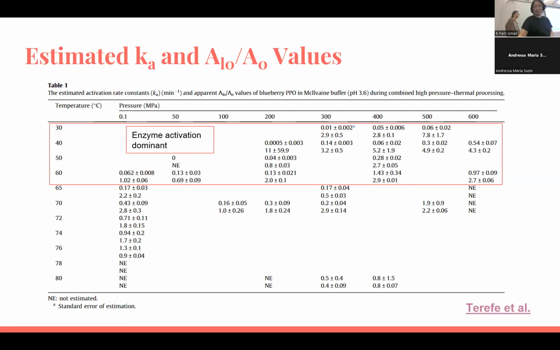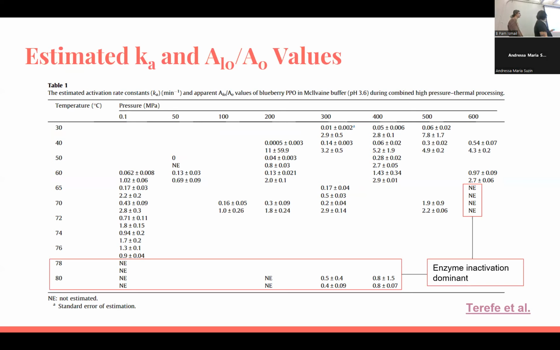In contrast, in the higher temperatures across the pressure treatments, there was inactivation, and the only exception was between 60 and 72, where there was a lot of enzyme inactivation.